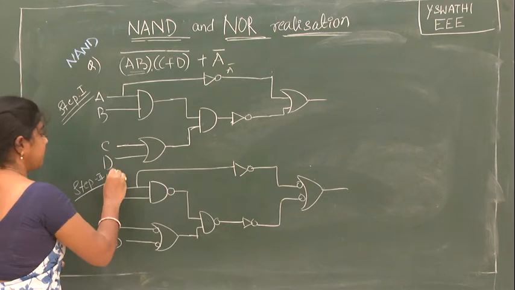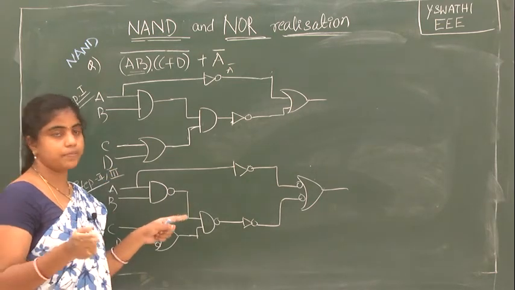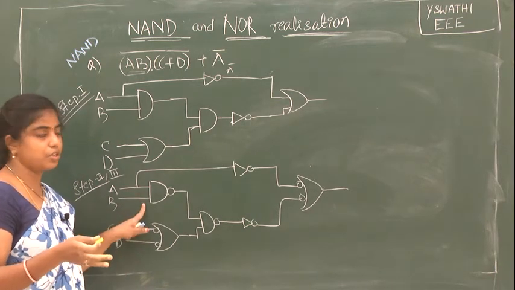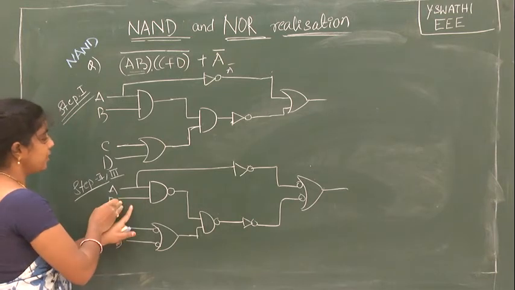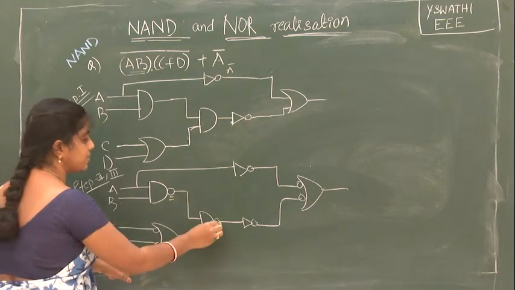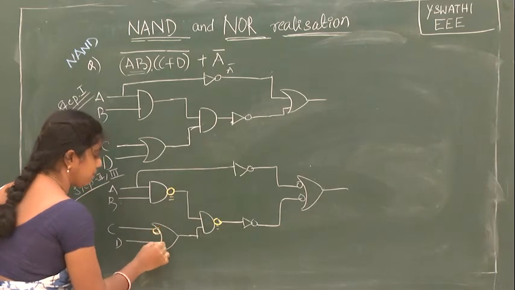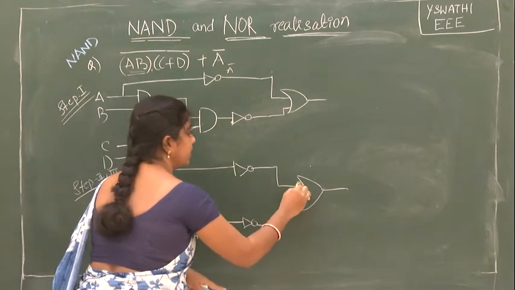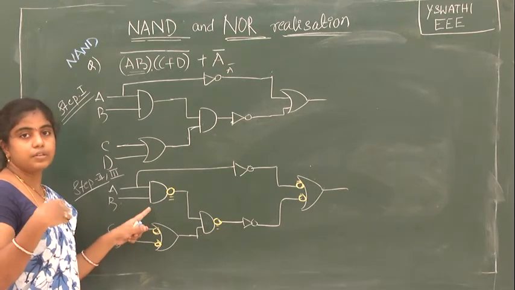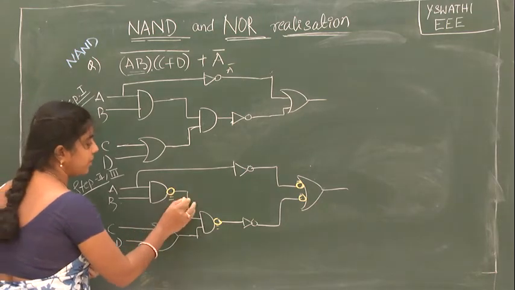In step 3, what we have to do? We have to introduce an inverter where we are bubbled. Okay? I am representing in the step itself because it is easy to explain you. So in the third step, we have to add an inverter where we have introduced the bubbles. So here I introduced the bubbles in the second step. Then in that line you have to add an inverter. So I introduced a bubble here.